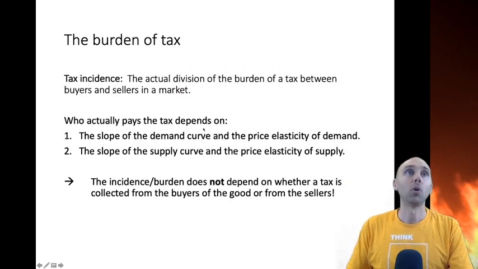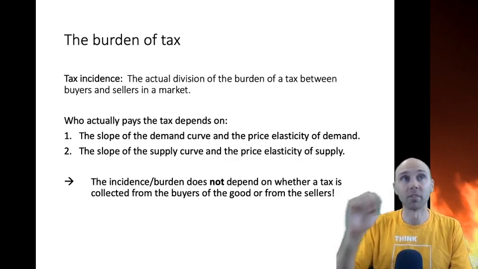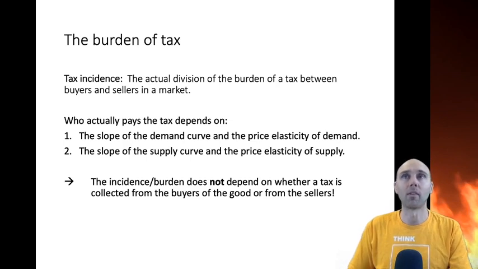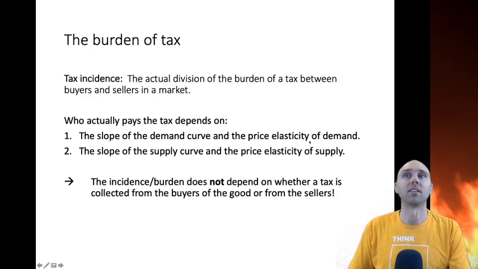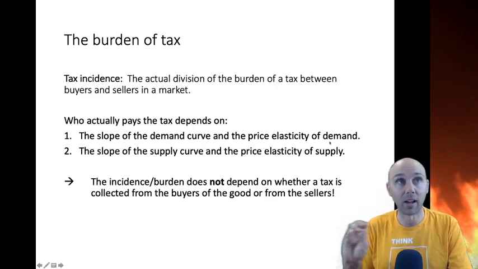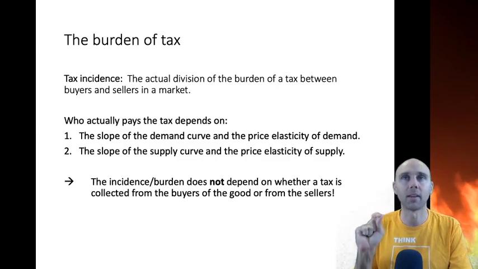The question of who is burdened by a tax is very interesting and important. And this is something that comes as a bit of a surprise, particularly when learning about this for the first time. Who actually pays the tax, or who is burdened most with it, depends on the slope of the demand curve and the price elasticity of demand. Notice that these two things are related but not exactly the same.